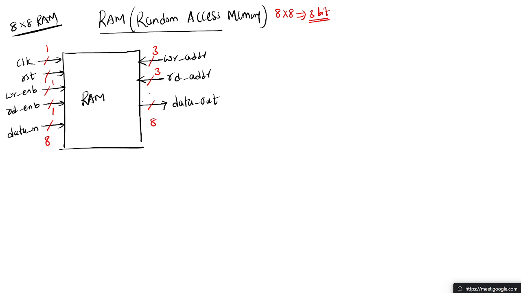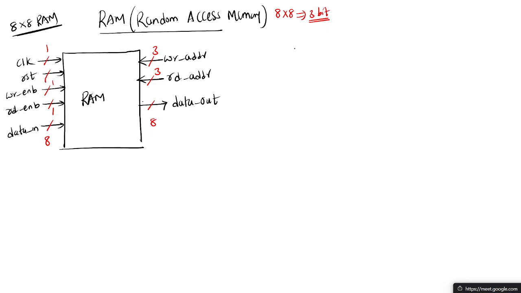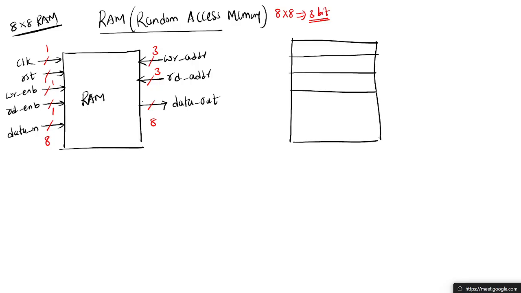So if you see the 8x8 RAM, total how many locations do you have? Can anyone say how many locations you have? 0, 1, 2 up to 7. So total 8 locations you have.